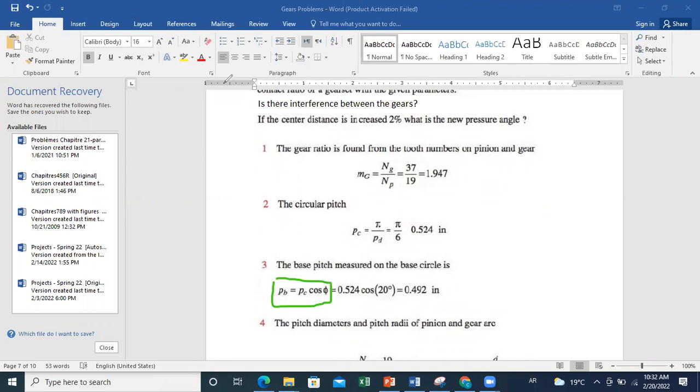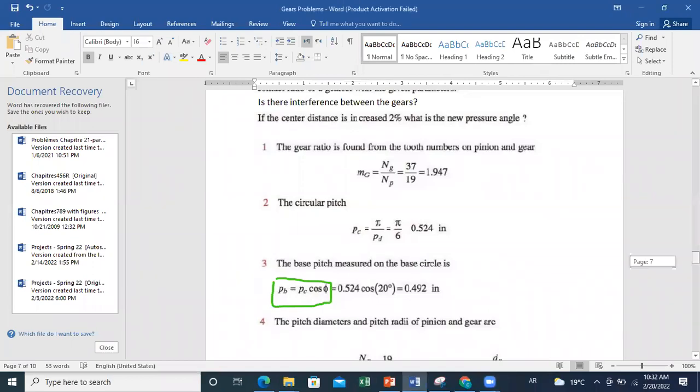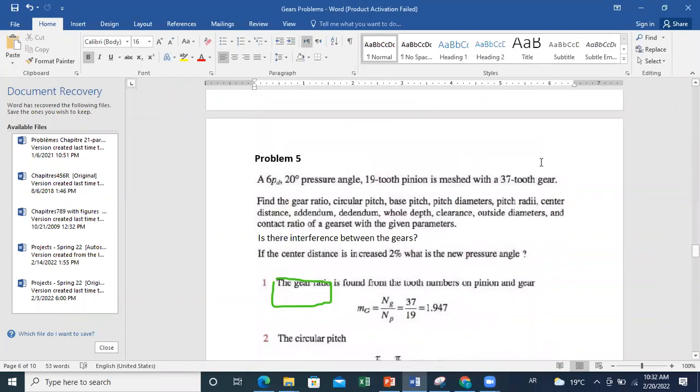Now, also, they want us to determine the values of the pitch diameters and pitch radii. So here we need to determine small d and big D for the gear and for the pinion.